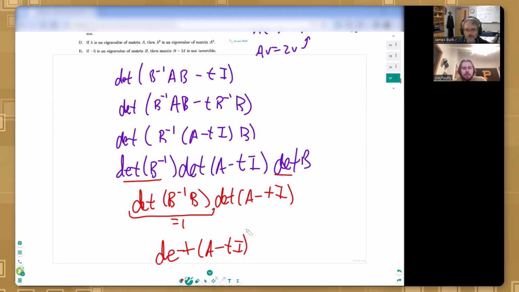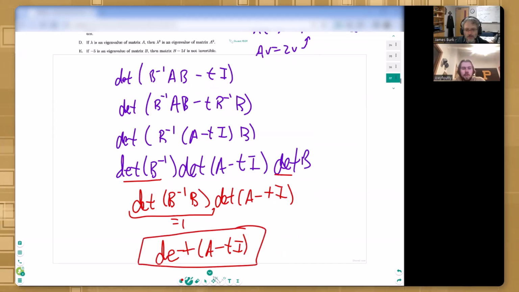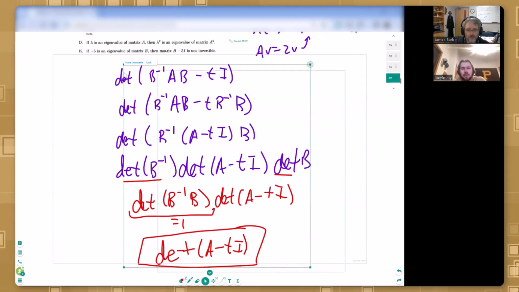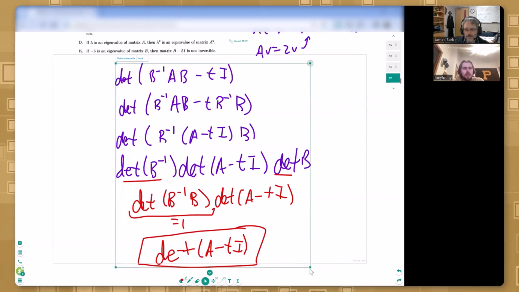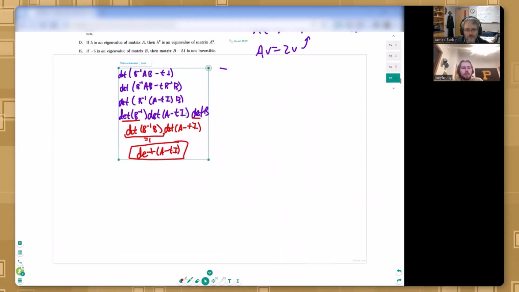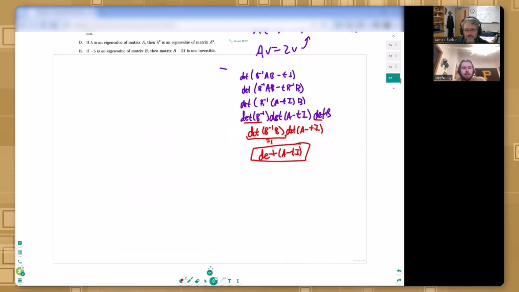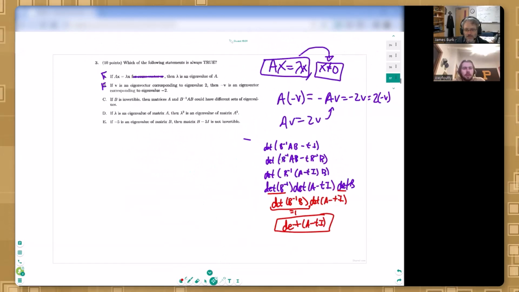This is the characteristic polynomial for A, and the roots for it are eigenvalues. But what is this characteristic polynomial equal to? The characteristic polynomial of this matrix. So the eigenvalues for this matrix are the same as the eigenvalues for this matrix.